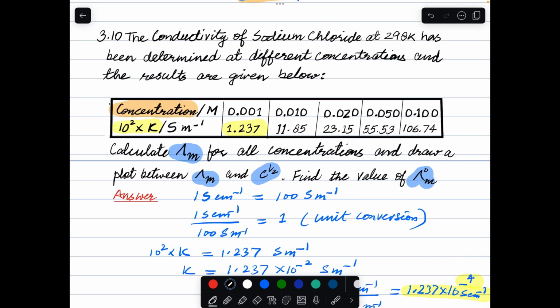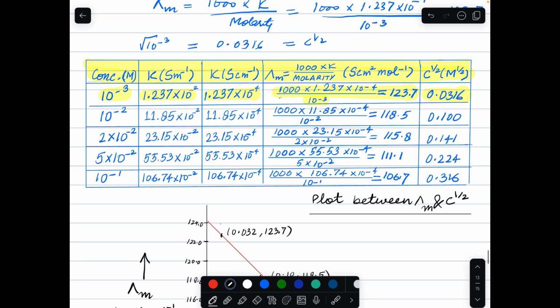This is the first observation, second, third, fourth, and fifth observation given in your question. And here the same observations we have written in a better form, the data which is given to you.